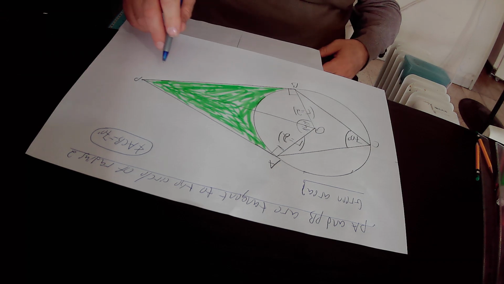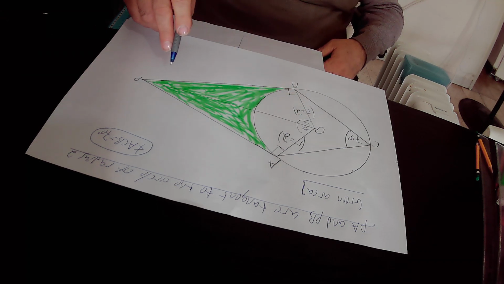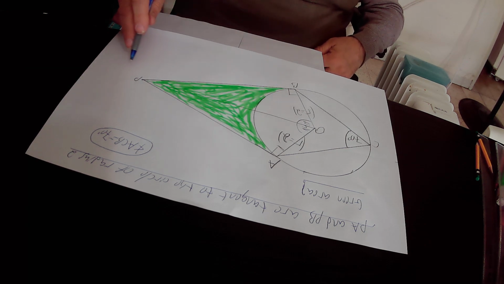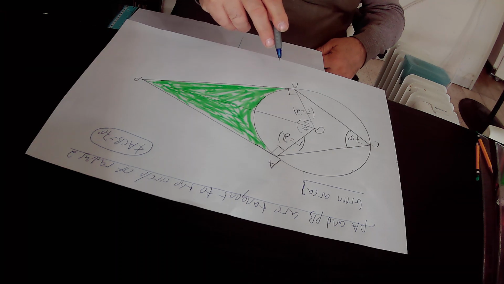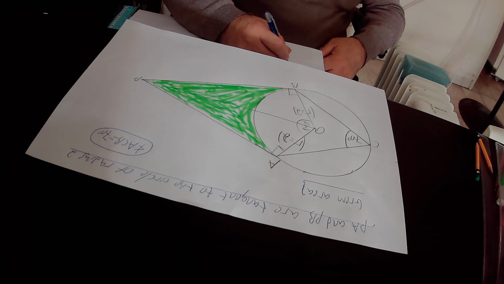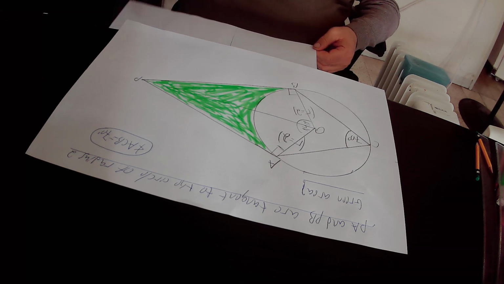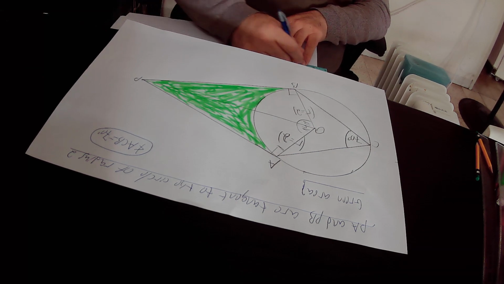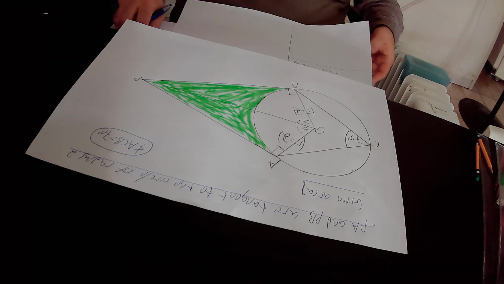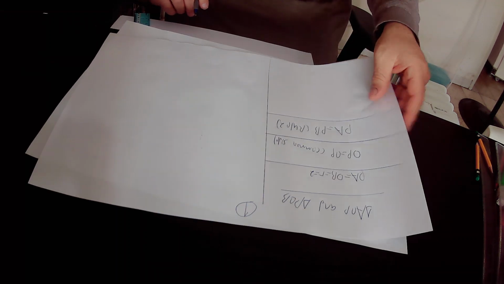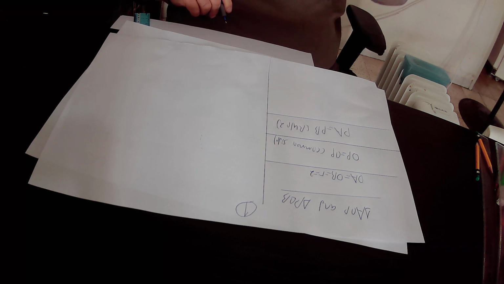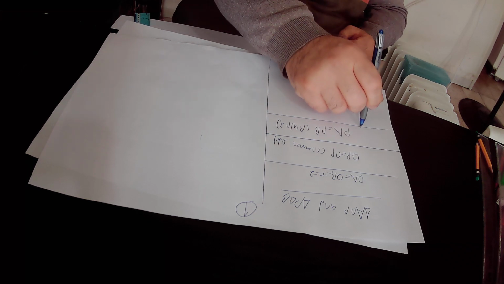And finally, side PA of the right upper triangle APO is equal to side PB of the right lower triangle POB. So PA equals PB according to rule 2.